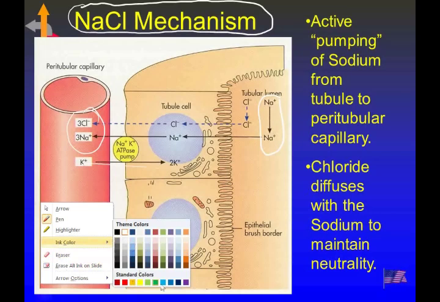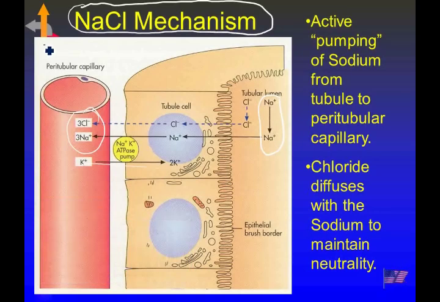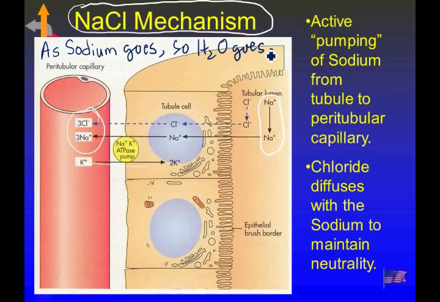Keep this in the back of your mind: as sodium goes, water goes. So if I wanted to create a diuretic, I would do something to block sodium reabsorption. Right?